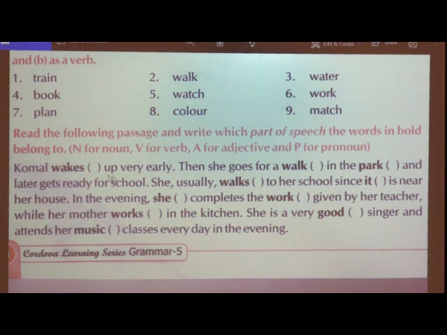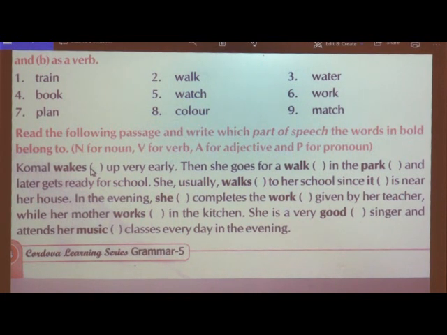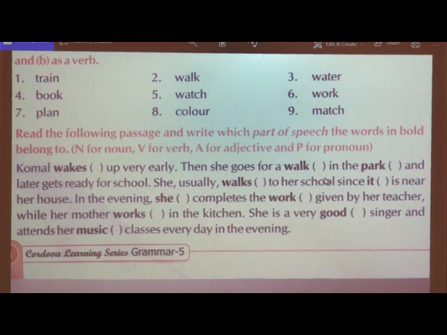Komal wakes up very early. Yes, it is one action of waking up. So this wake is a verb. In this bracket you are going to write capital V. Next, she goes for a walk in the park.